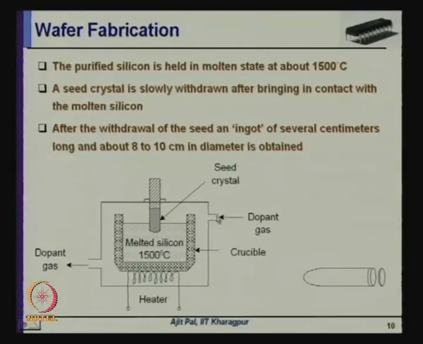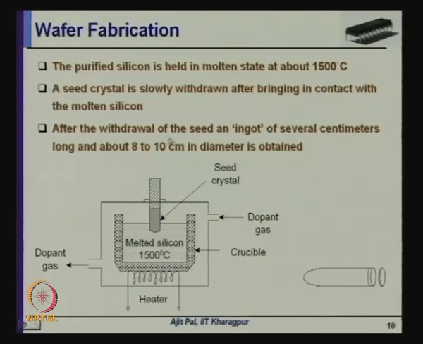Dopant of suitable type is passed through this chamber. As you can see, it is introduced here and comes out from here. As a consequence, the ingot that you get is lightly doped p type or n type. It can be done either way.